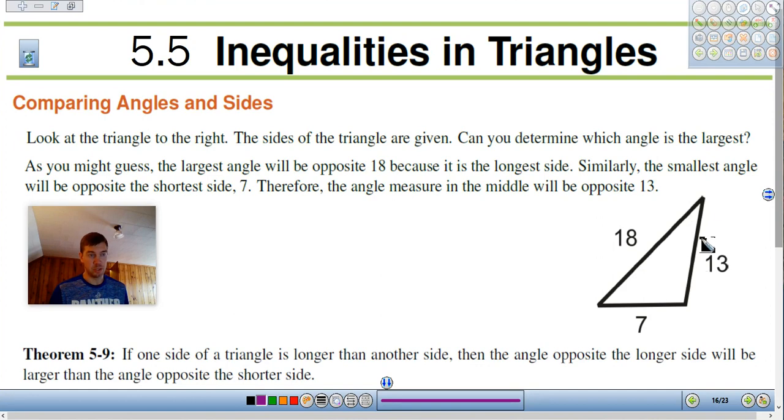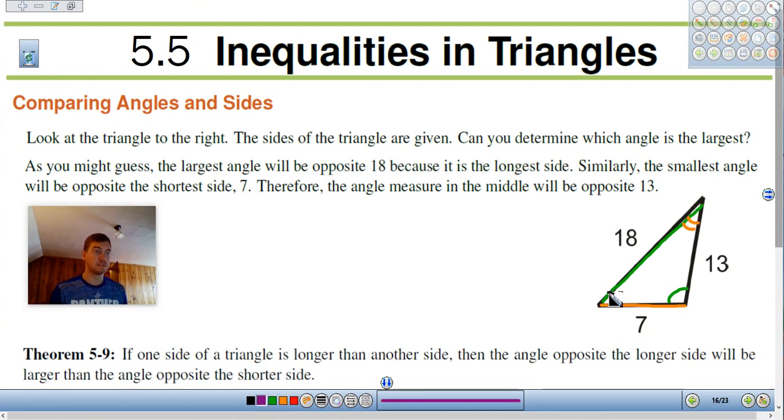So by looking at the triangle, if I had to make my guess, I would say that this is the largest angle because it looks like it's obtuse, and I can tell that the others are acute. As you might guess, the largest angle will be opposite of the side that is 18. Similarly, the smallest angle, which I think is this one, is opposite the smallest side.